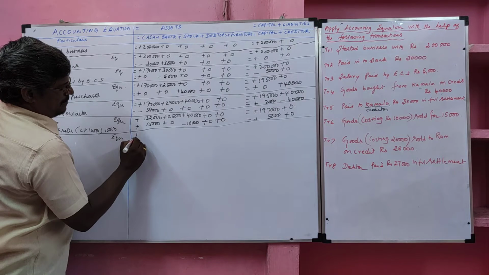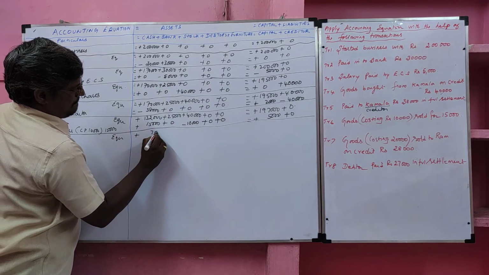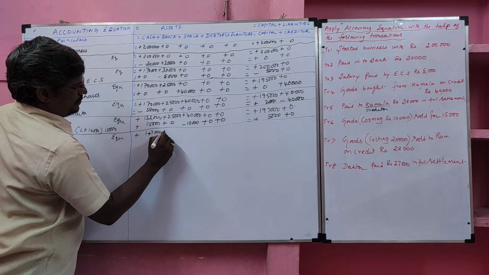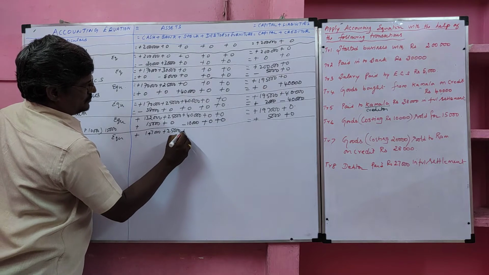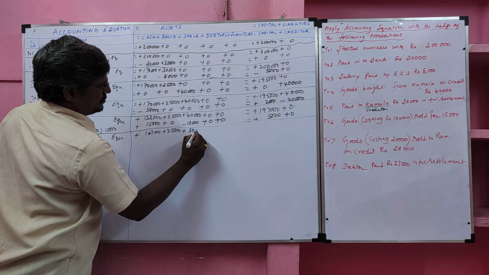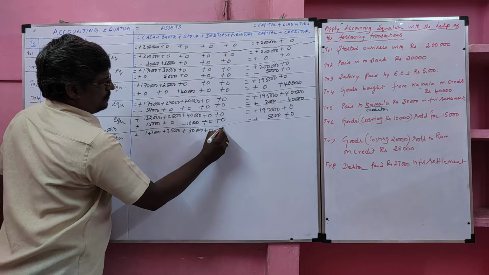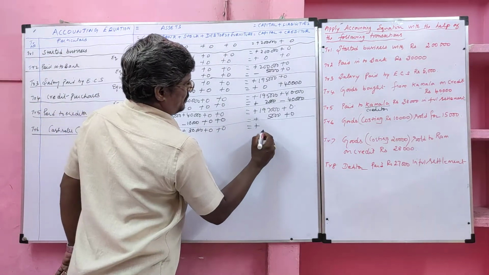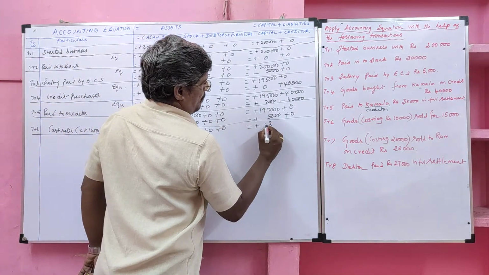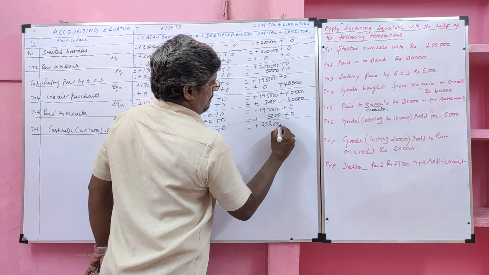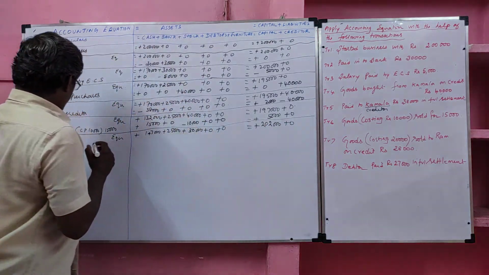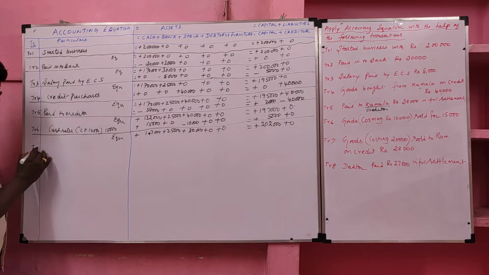Equation: 1,40,000 plus 25,000 plus 30,000 plus 0 equals. Next, transaction 7.